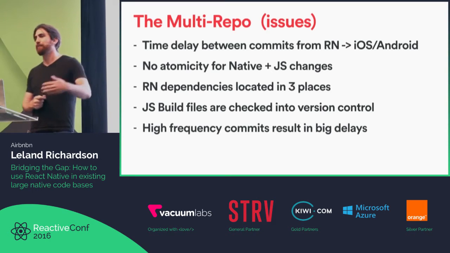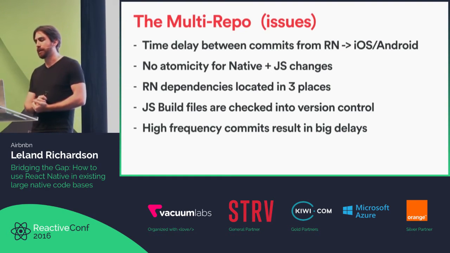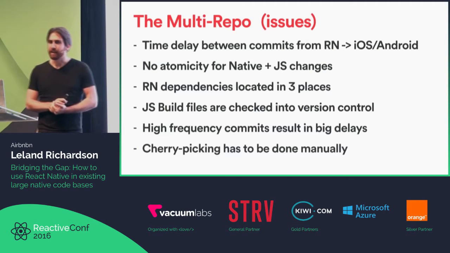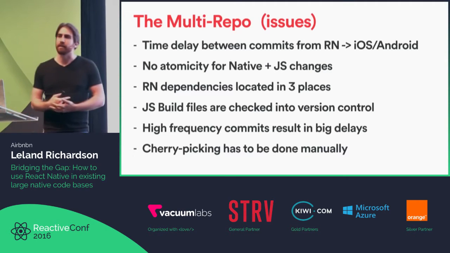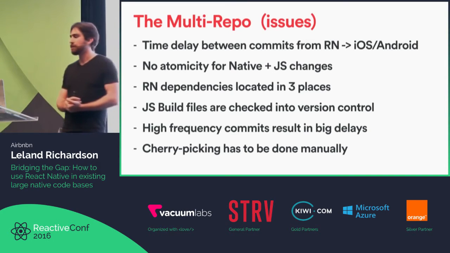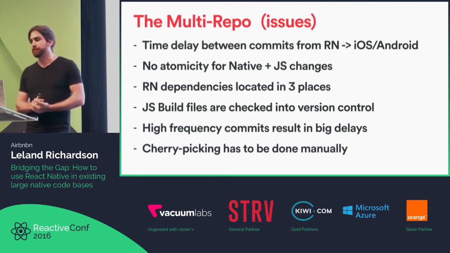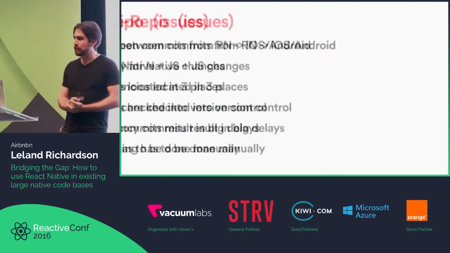And then also a high frequency of commits can result in a lot of big delays. And this makes cherry picking a really difficult process. If you need to cherry pick something into a branch, you have to do that manually because you need to actually run the build script. So that all sounds pretty close to awful.